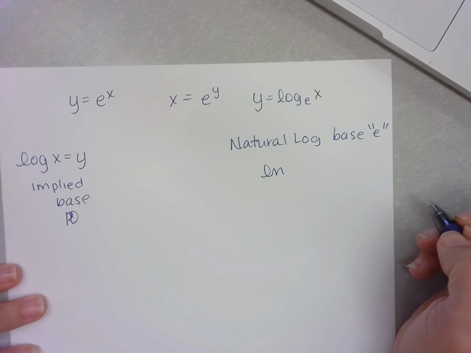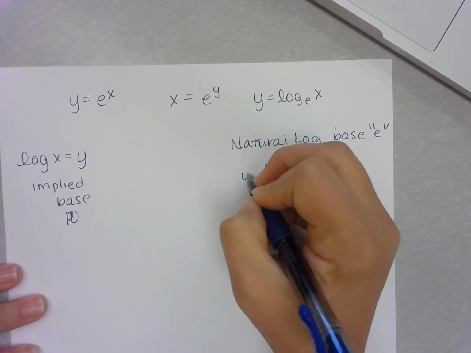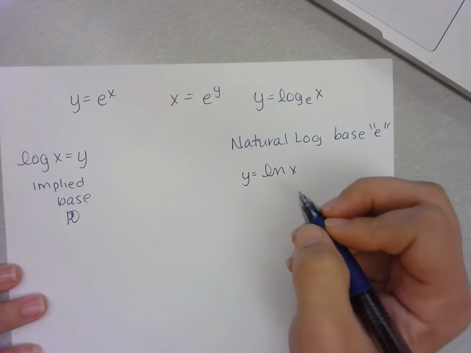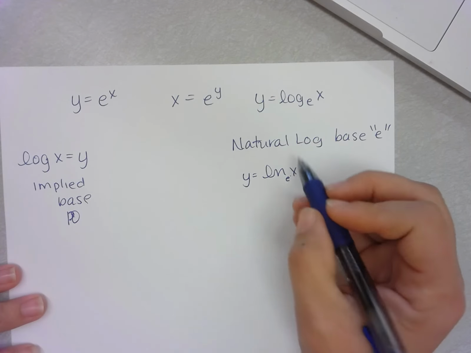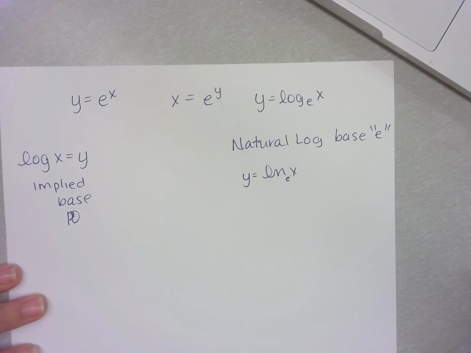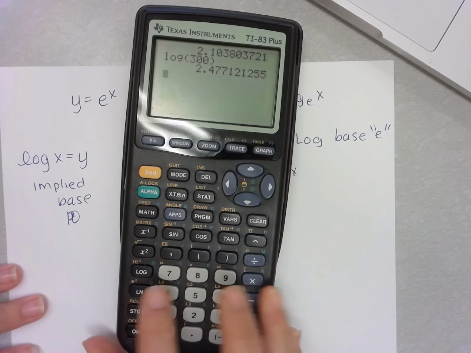So basically this would be ln x. When I use ln, I'm assuming I have base e down here. So this would be e to the y equals x, right, which is this. This is also one that we can put in our calculator because we do have an ln button.